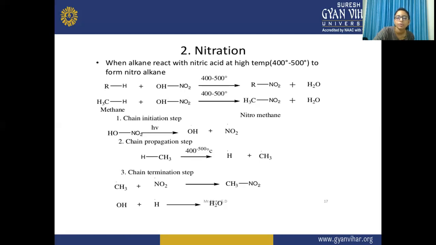In the next step, the chain propagation step, this HCH3, this methane, also has its H abstracted out at high temperature, and there will be a formation of H radical and CH3 radical. In the last step, chain termination, which is a stoppage for the reaction, this CH3 radical and this NO2 radical will react with each other, and they form CH3NO2. So here nitromethane is formed, and OH will combine with H, and there is a formation of a water molecule.